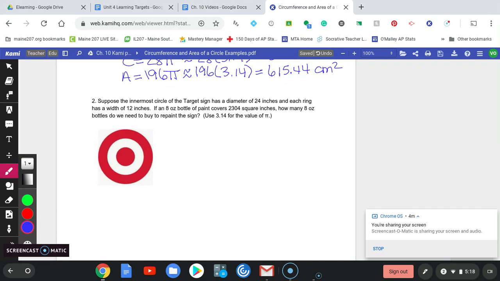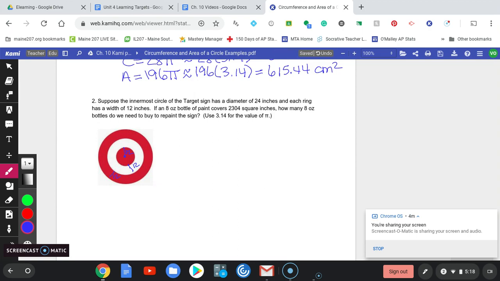Now, Alex is also going to give you some concentric circle problems. I found a picture of a target sign. Let's suppose that it has a diameter of 24 inches and each ring has a width of 12 inches. What that means is that the interior circle, the bullseye, has a radius of 12, and each ring has a width of 12.